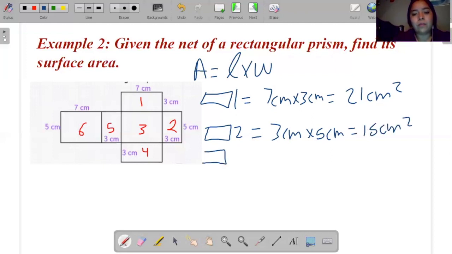Rectangle 3 is this line here, 7 centimeters, times this line here, 5 centimeters. That's 35 square centimeters.